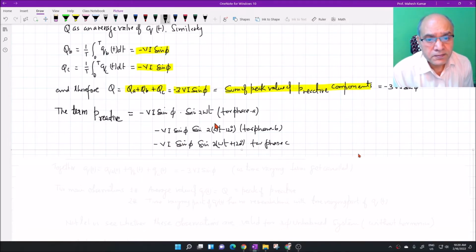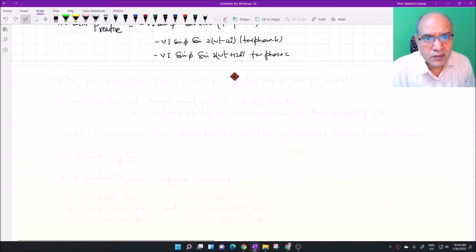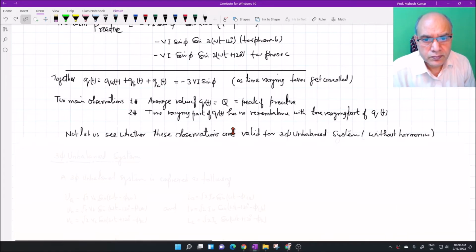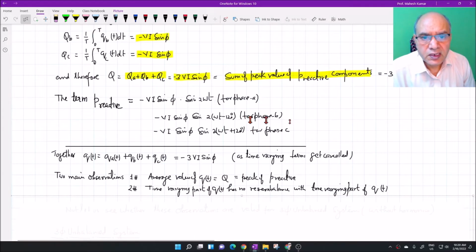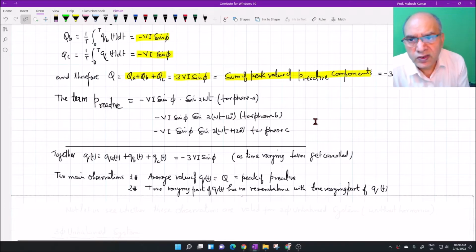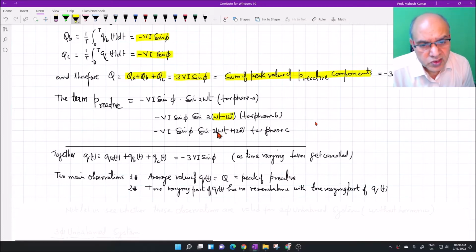For phase B, minus BI sin phi sin(2 omega t minus 120). Just replace omega t by omega t minus 120 degrees. So you can see here, this is omega t minus 120, this is omega t plus 120.